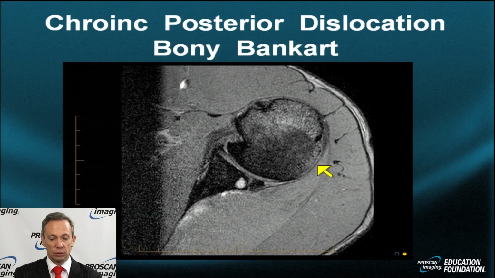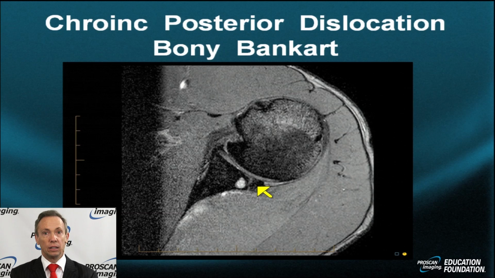Here's the capsule. Deformity of the glenoid, as previously discussed. Cystic change in the posterior glenoid, which is present. And in this case, a thin area of hyperintensity separating a fragment of bone from the underlying glenoid. So this would be considered a chronic, bony, reverse Bankart lesion.